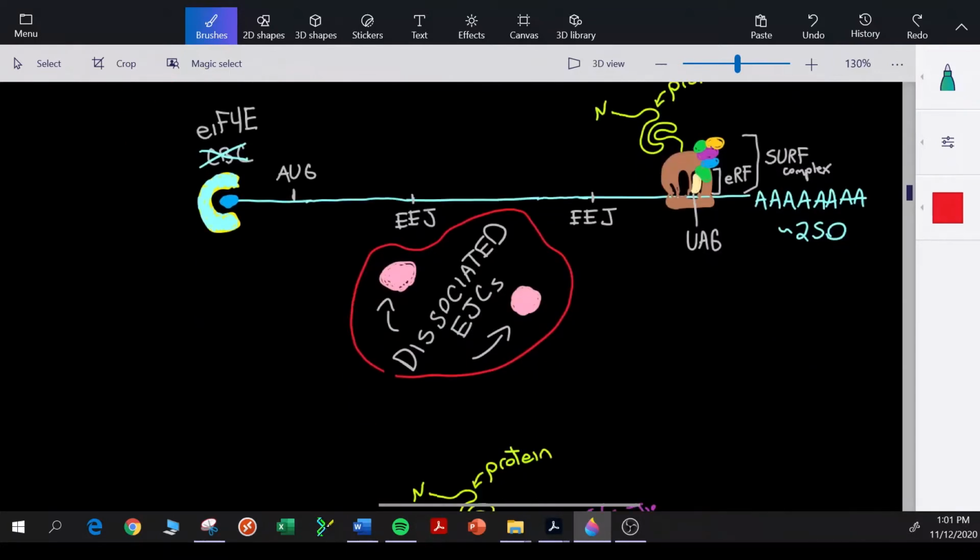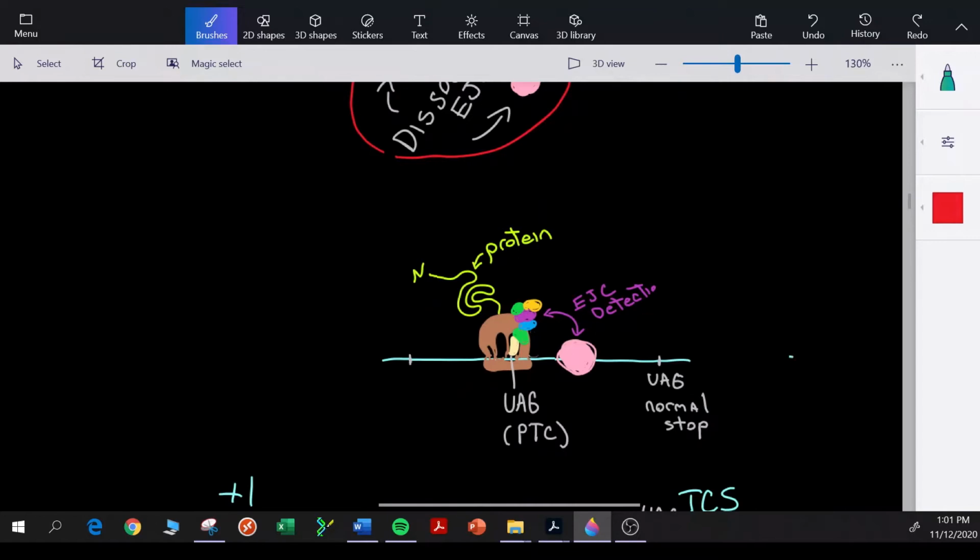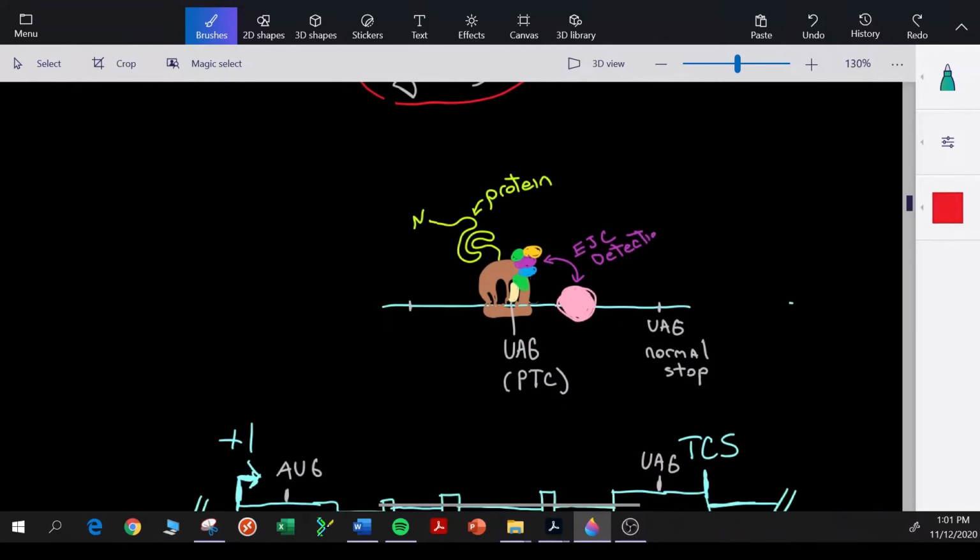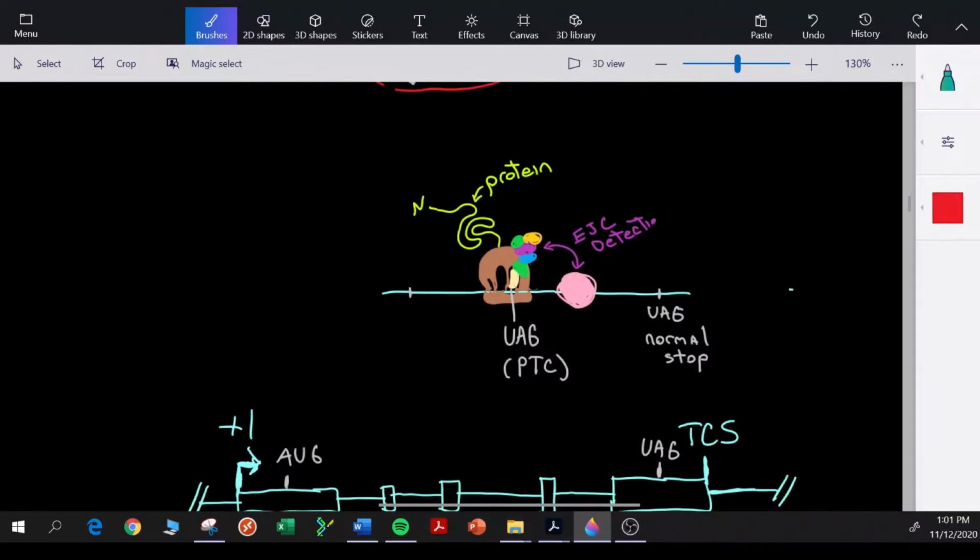However, if there is a premature termination codon on the messenger RNA, here I have the PTC diagrammed upstream of an exon junction complex, and the normal stop codon downstream of the exon junction complex.